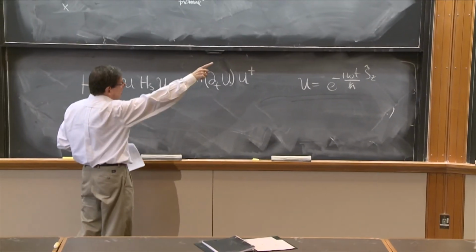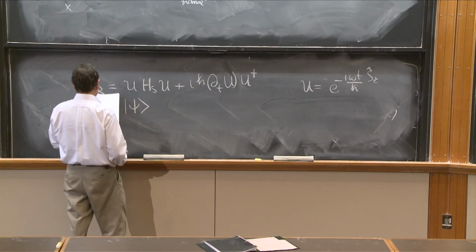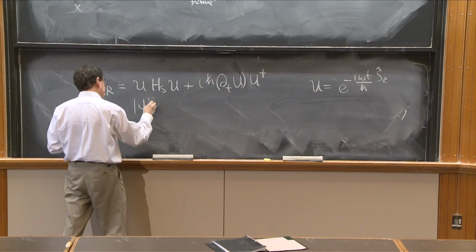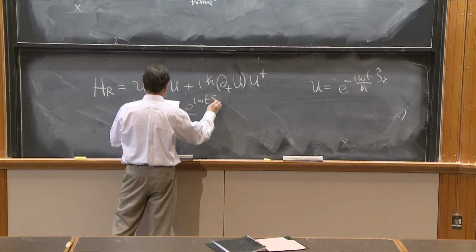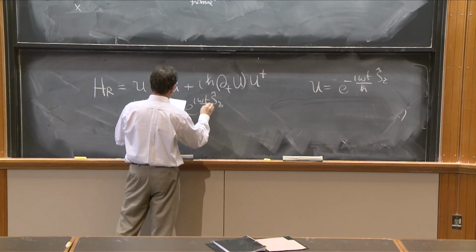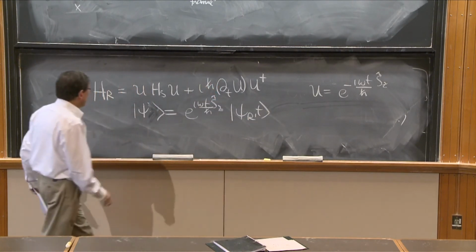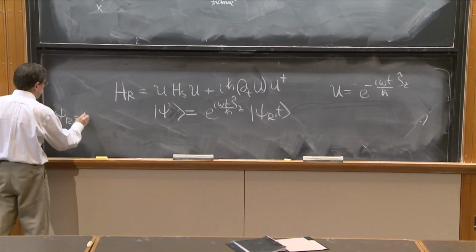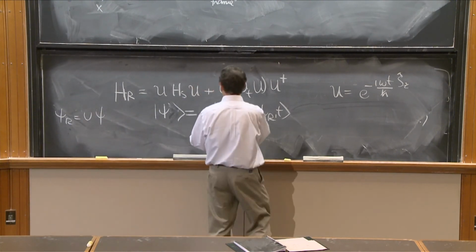And psi of t, as we said, is equal to e to the i omega t Sz hat over h bar psi R of t. So this came because we said that psi R was going to be U psi, and therefore I took the inverse, and you get this.